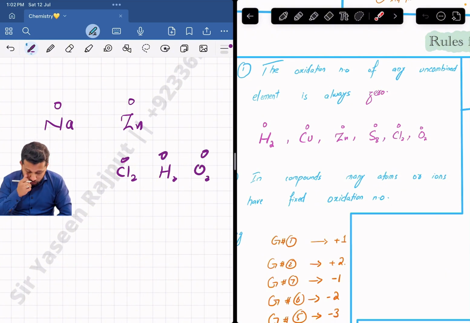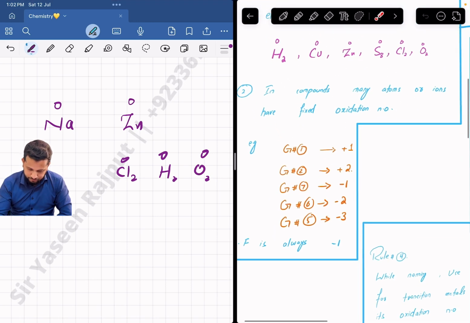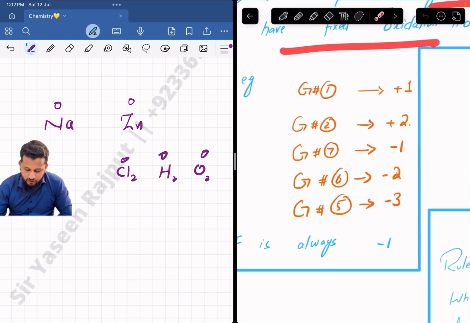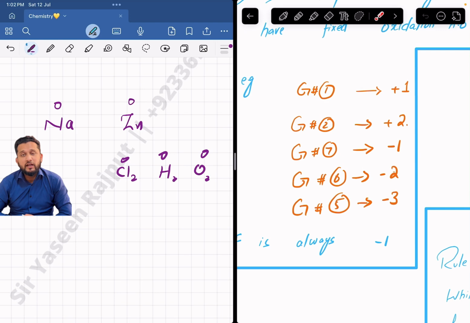Okay, now let's talk about the second rule. The second rule is in compounds, many atoms or ions have fixed oxidation numbers, and you can see that all the group 1 elements have +1 charge because they can lose only 1 electron, so that's why it has 1 plus charge. Now let's talk about group 2. Group 2 has 2 electrons in the outermost shell, so definitely they will lose 2 electrons in order to gain stability.